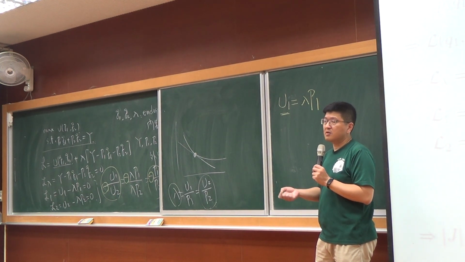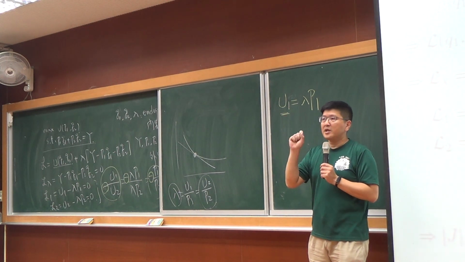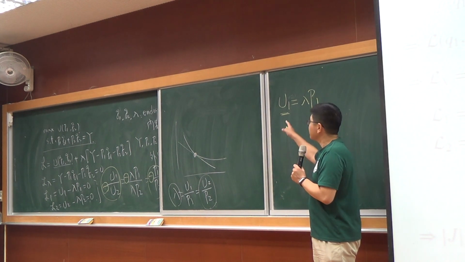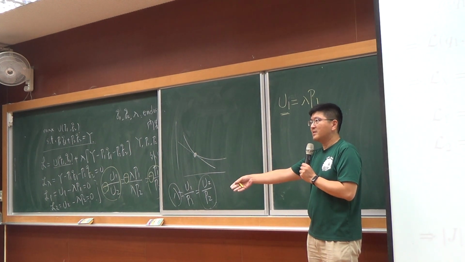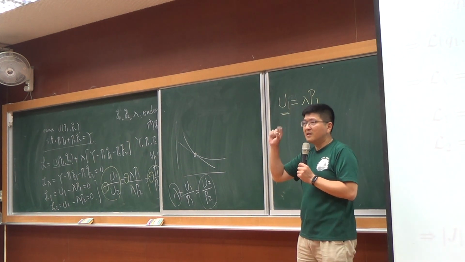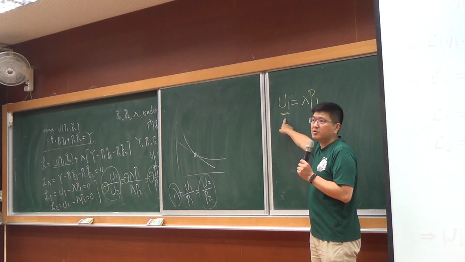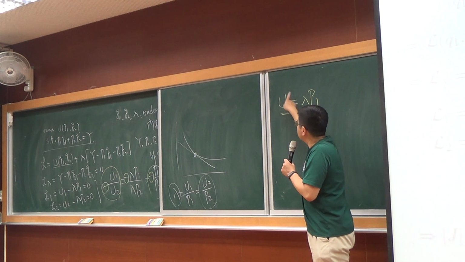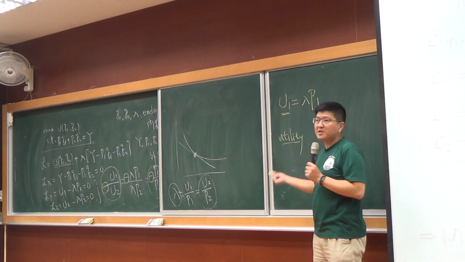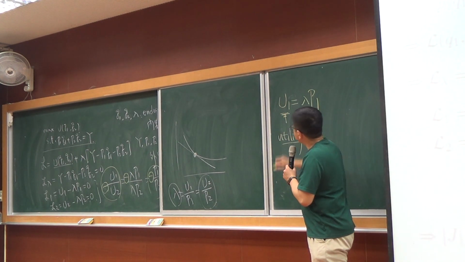It's the utility we may derive from 1 extra unit of good 1 we consume, right? With 1 more good 1, we can increase our total utility. And the unit of this term would be utility, our happiness.